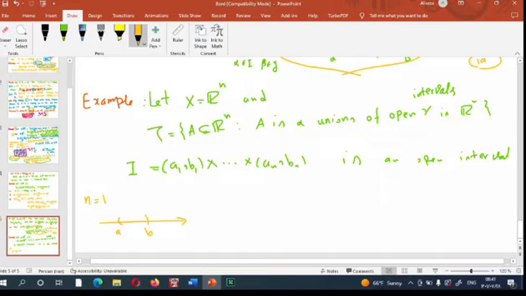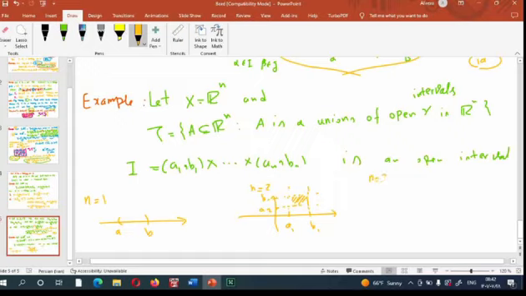In the case n equals 2, we have this: a1, b1, a2, b2, and so we have this as open intervals.